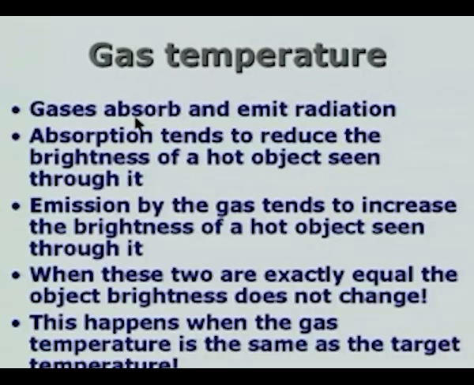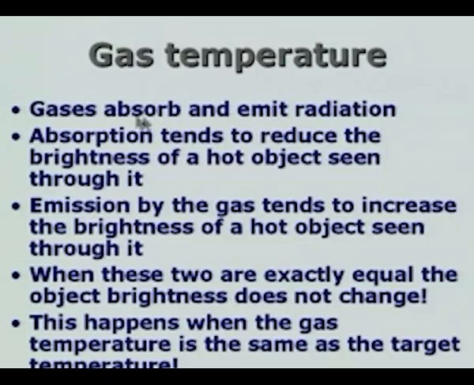Absorption becomes dominant if the temperature is low, it will only absorb the radiation which is incident on the gas, and if the temperature of the gas is also high enough, it will emit radiation, and the absorption and emission processes are something like the opposite of each other. If external radiation is falling on the gas, it is absorbed by the gas, whereas because of the temperature of the gas itself it is emitted, or if you want to call it, re-emitted.